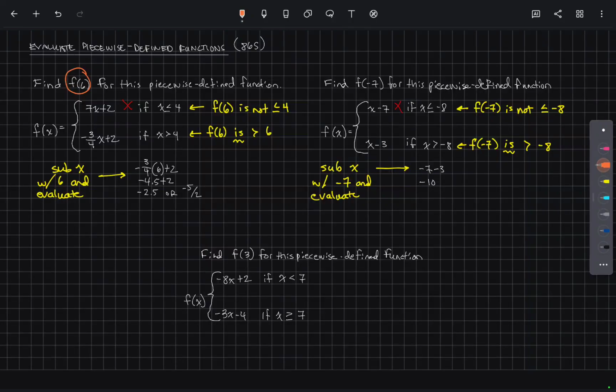Now, if we wanted to take a look at the second one, x is greater than 4, 6 is greater than 4. That means we can use that value given, the function of 6, in for the x value for negative 3/4 times x plus 2. So really what's taking place is you're given parameters. The value of your domain is being manipulated.